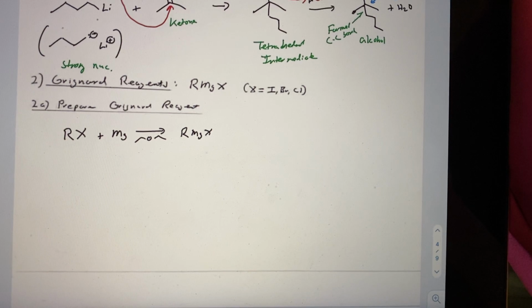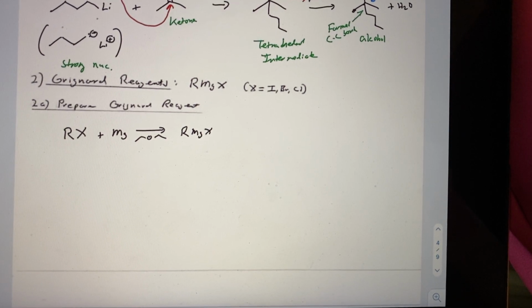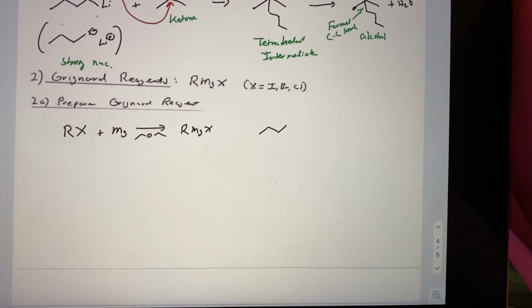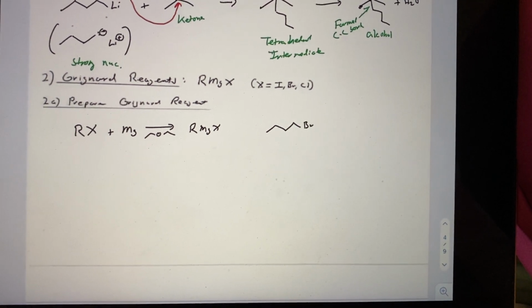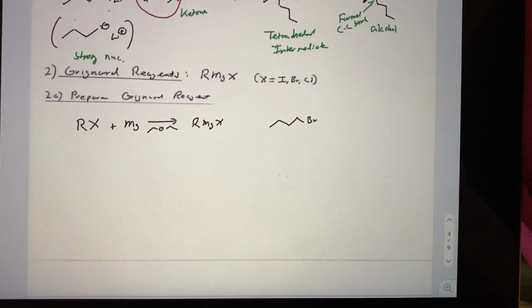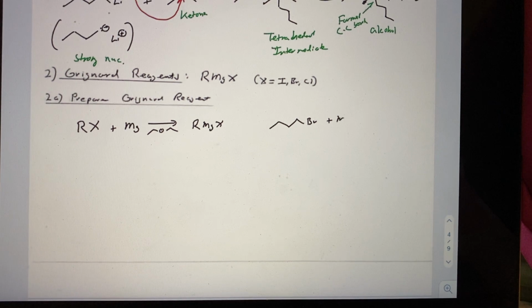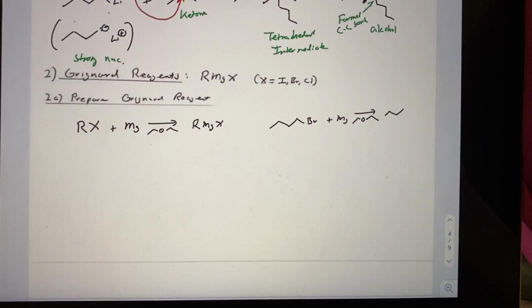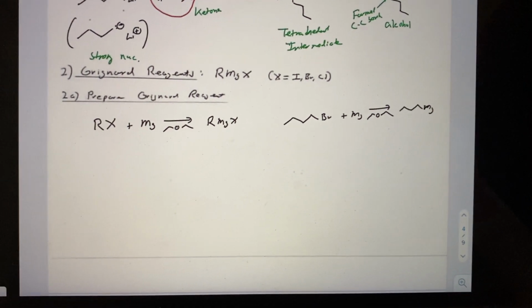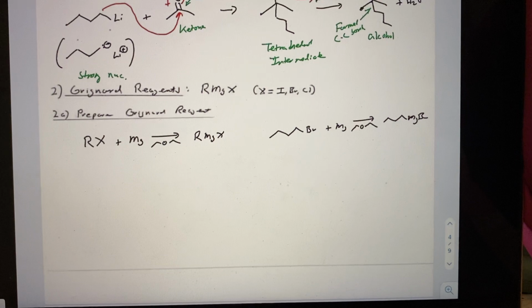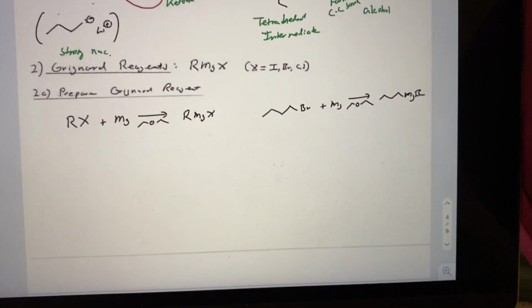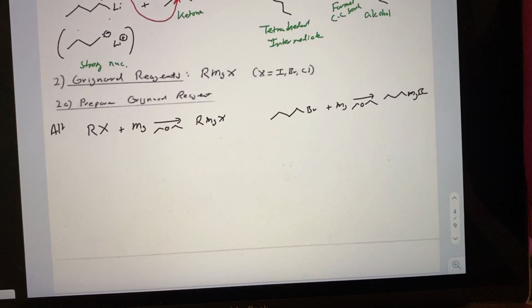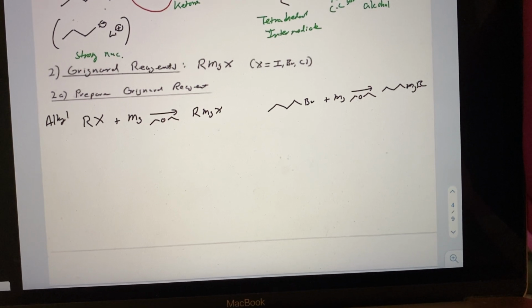This looks like magic, but we'll cover it in a second. So we could take something like we did with the lithium species, react this plus magnesium, presence of ether, and the magnesium kind of squeezes in there. It looks like MgBr. So this would be an alkyl Grignard reagent.